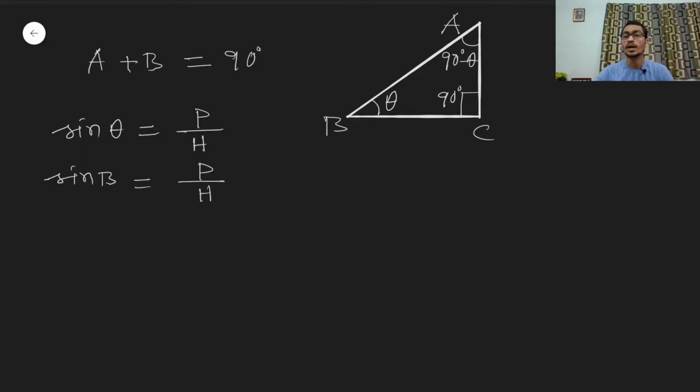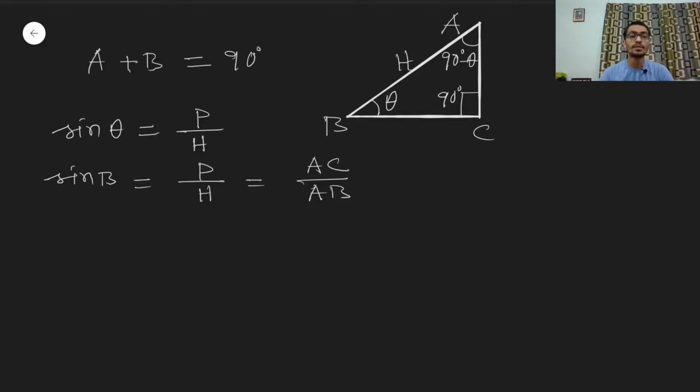The opposite side to the considered angle, that is side AC, is our perpendicular. AB is always the hypotenuse because this is the opposite side to the right angle. So sine B equals AC by AB.